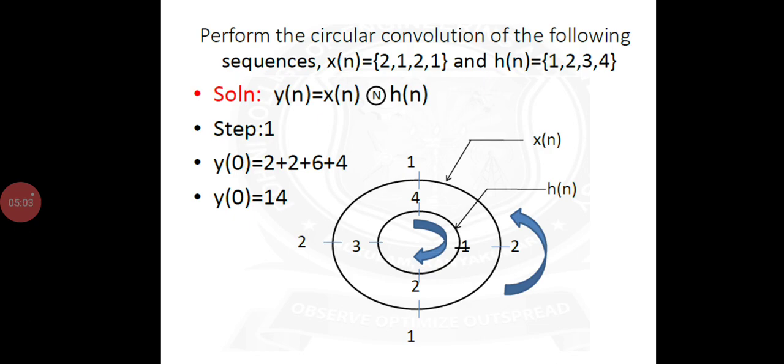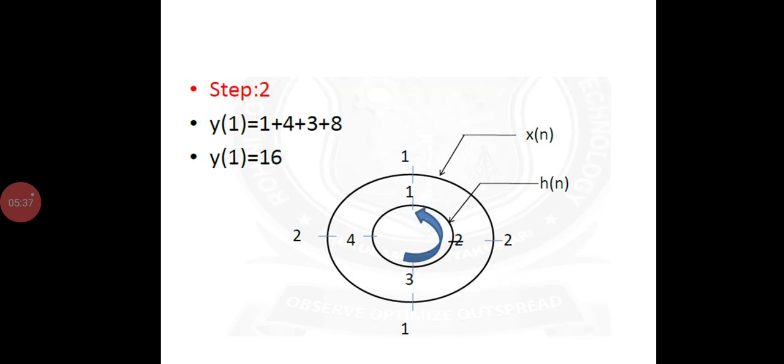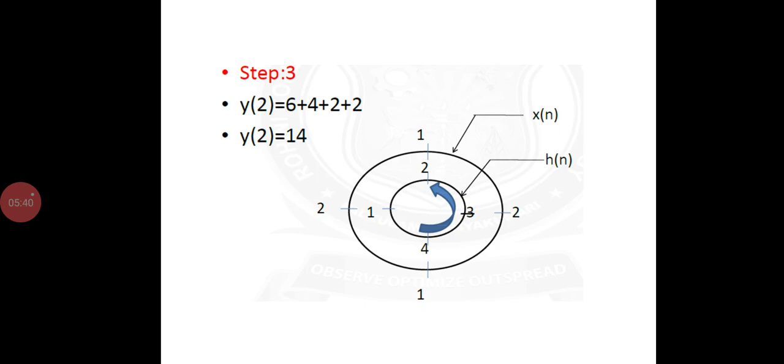We also want to keep one thing in mind: convolution in the time domain is equal to multiplication in the frequency domain, and convolution in the frequency domain is equal to multiplication in the time domain. That's the main concept. Here again, the outer circle x of n is represented in the anti-clockwise direction, and the inner circle as well. We multiply the two sequences, inner circle and outer circle, at each position and find the value, continuing through step 2, step 3 and step 4.